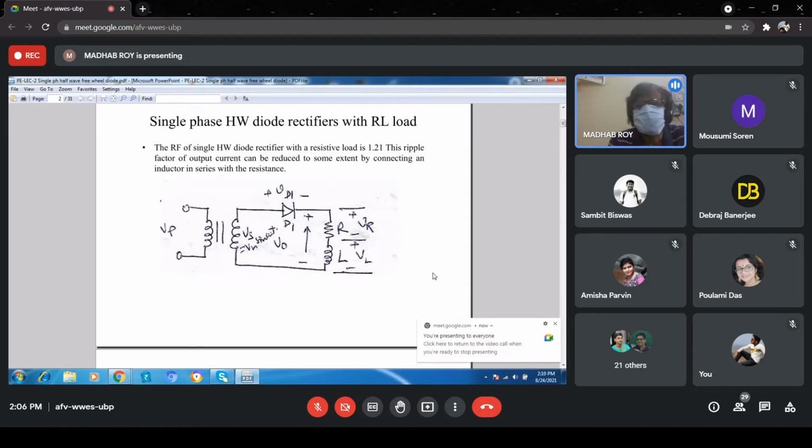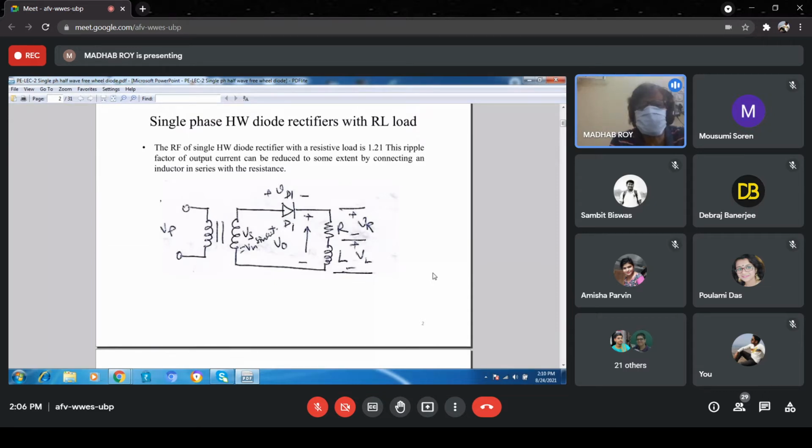So pulsating DC is normally not applied in industry. DC means there should be a constant DC source, that means it can provide a constant and continuous current for the average value.